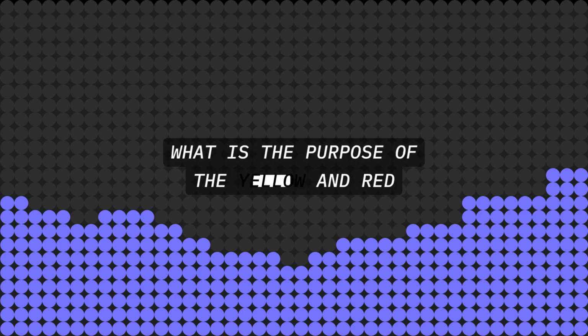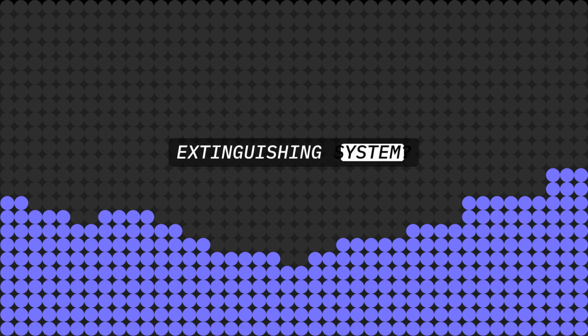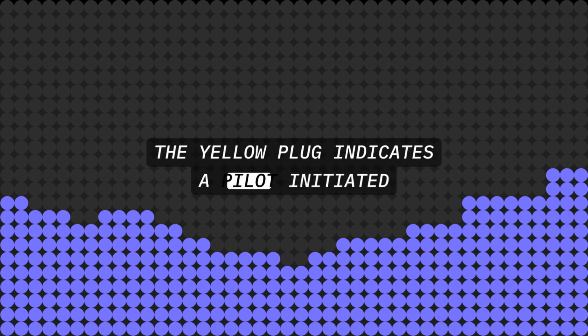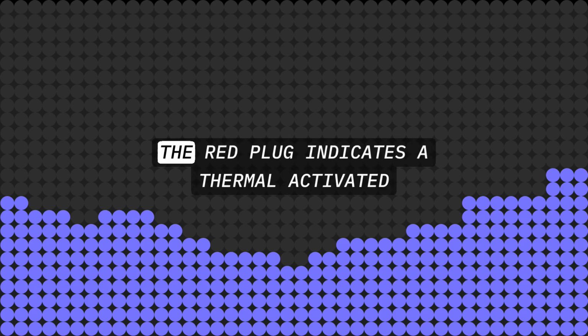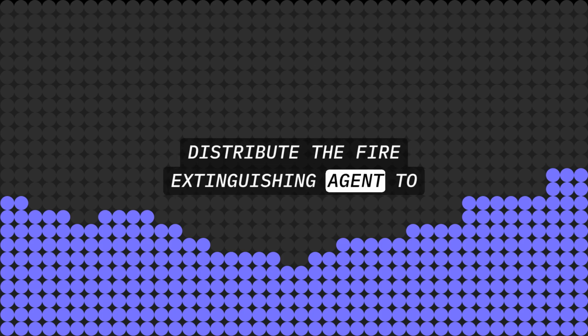What is the purpose of the yellow and red discharge plugs in a turbine engine fire extinguishing system? The yellow plug indicates a pilot-initiated discharge. The red plug indicates a thermal-activated discharge. What are two methods commonly used to distribute the fire extinguishing agent to the engine?